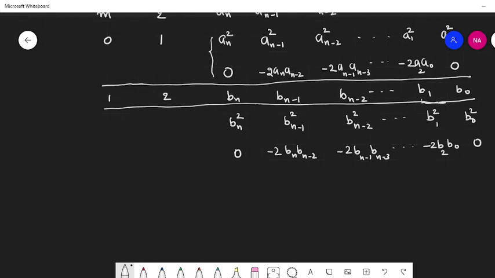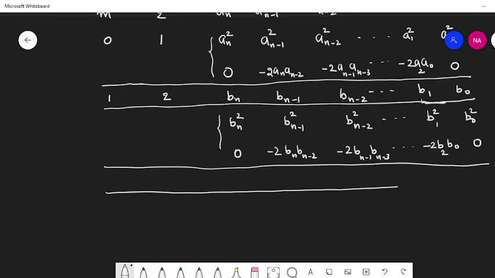Then adding these values you get the next row. Now m is increased to 2, so 2 power 2 will be 4. And here you get cn, cn minus 1, cn minus 2, and so on, c1, c0.